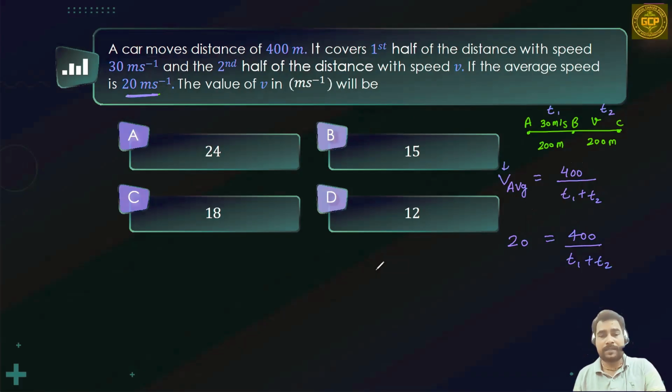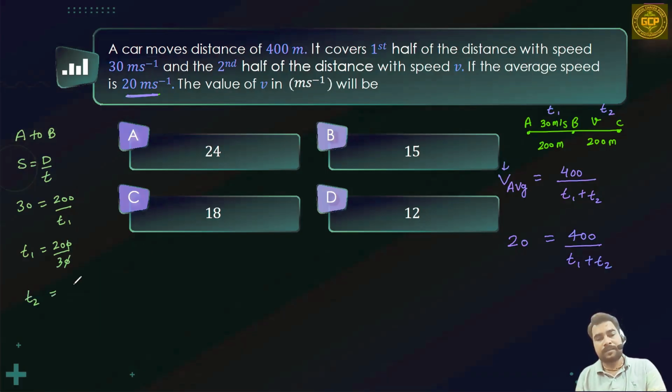To determine time, again I am considering the journey of A to B. From A to B, I am using the formula speed is equal to distance upon time. Speed is 30, distance is 200, and time I am supposing as T1. So T1 value is going to be 200 divided by 30, or 20 upon 3.